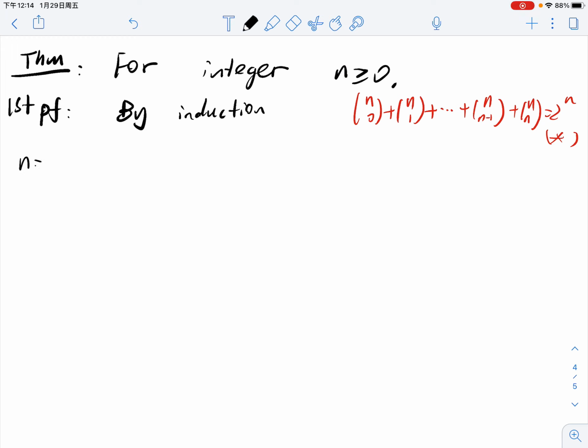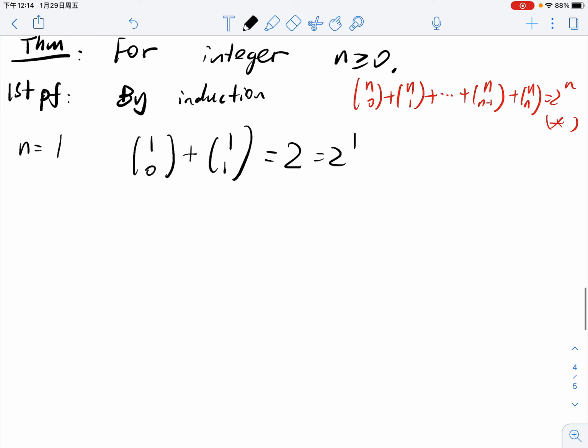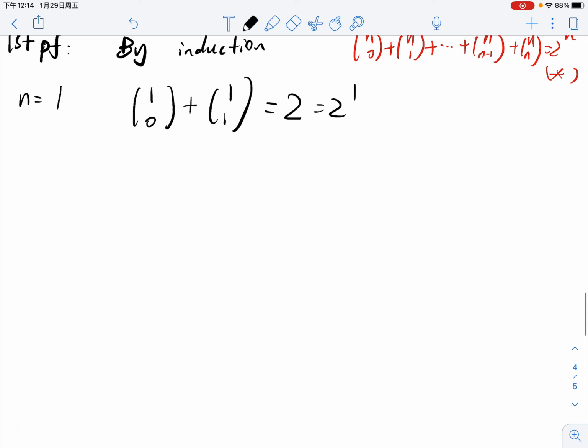When n is 1, we have 1 choose 0 plus 1 choose 1, and by definition this is 2, so it's 2 to the first power.